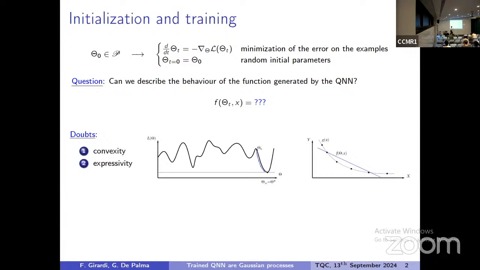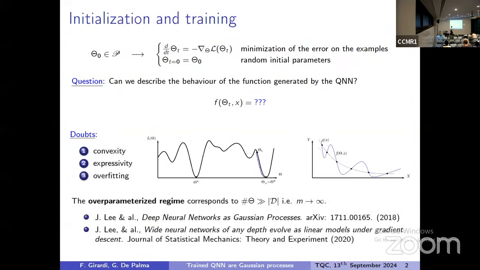So a strategy could be to try to give more and more degrees of freedom, increase the number of parameters. But then there is another risk in the over-parameterized regime, which is the one of overfitting. So yes, we have enough degrees of freedom to provide a perfect fit of the training set, but then on the rest of the input space, there could be a completely wrong answer.